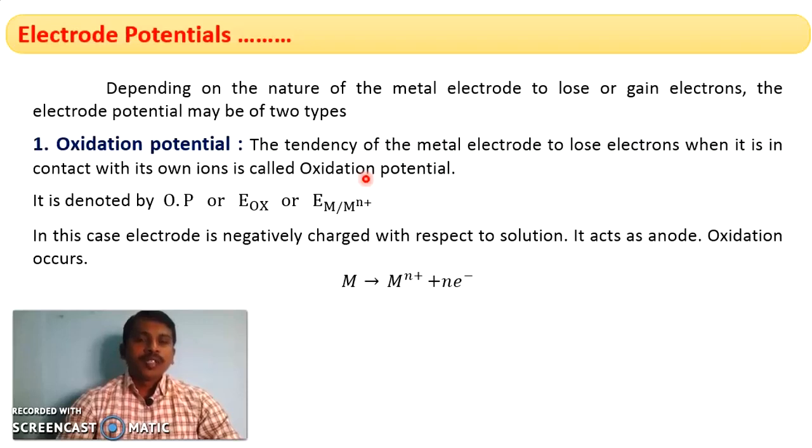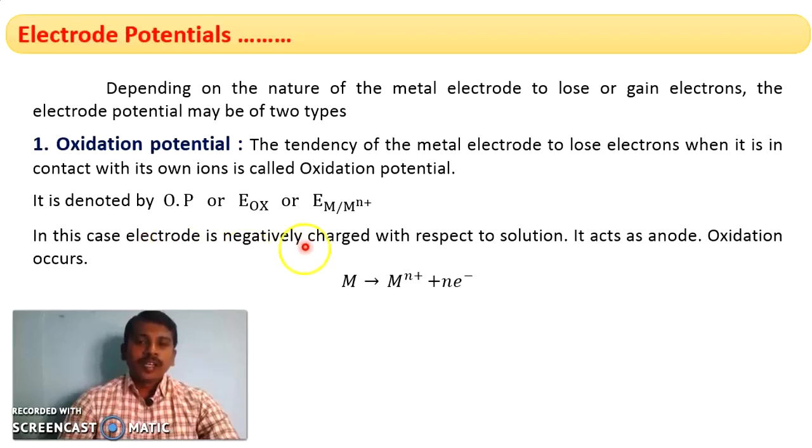Oxidation potential is denoted with OP, or with E_ox, or with E_M|M^n+. M|M^n+ indicates oxidation, so E_M|M^n+ indicates oxidation potential. In this case, the electrode is said to have oxidation potential.